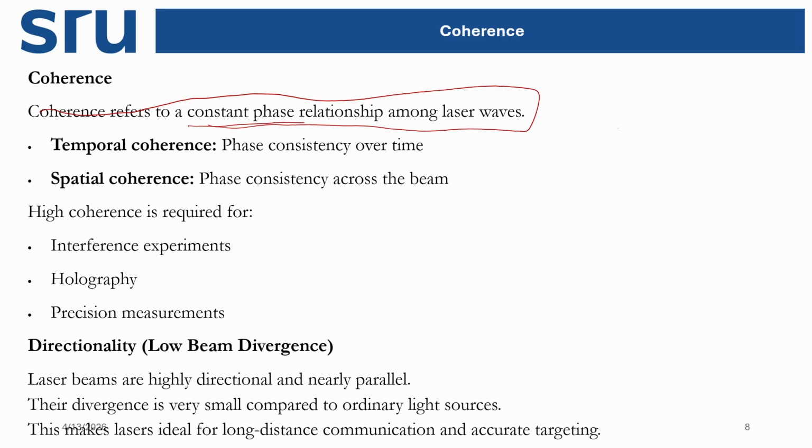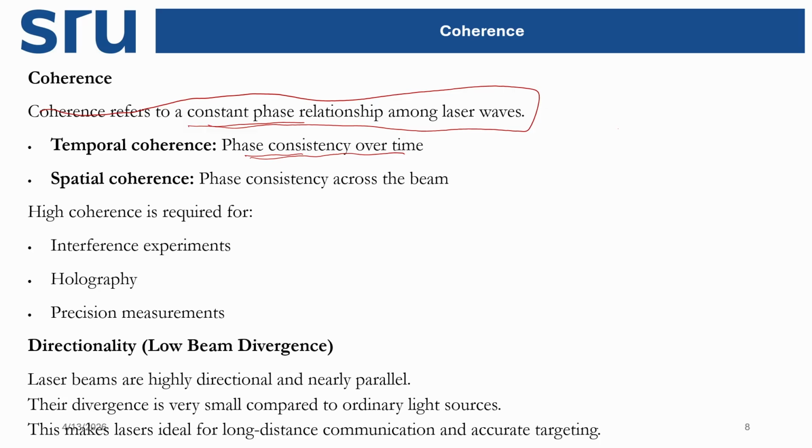There are two types: temporal coherence and spatial coherence. Temporal coherence means the constant phase is always consistent over time; over time you will not observe any difference in the phase. The other is across the beam, phase consistency.